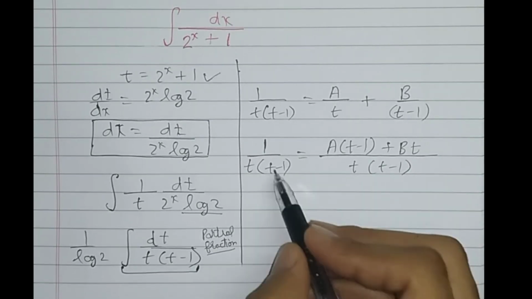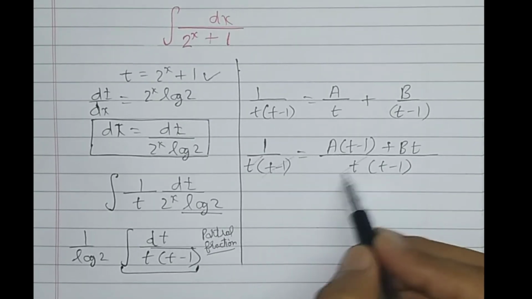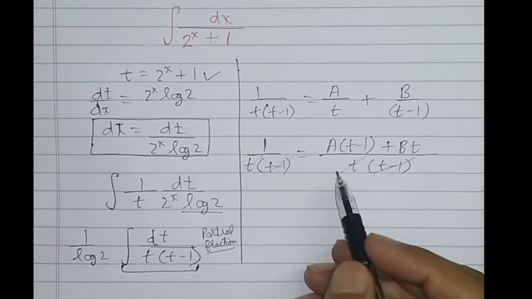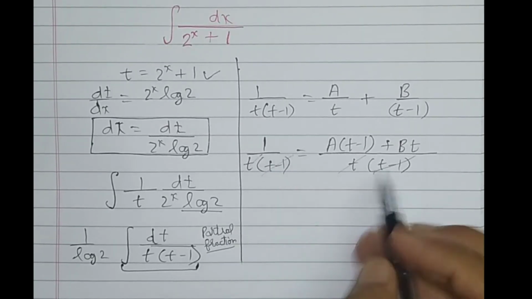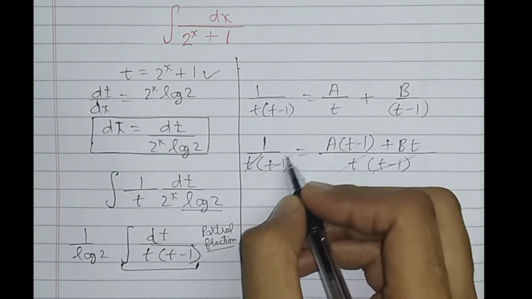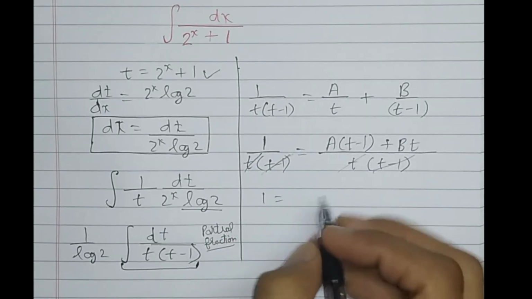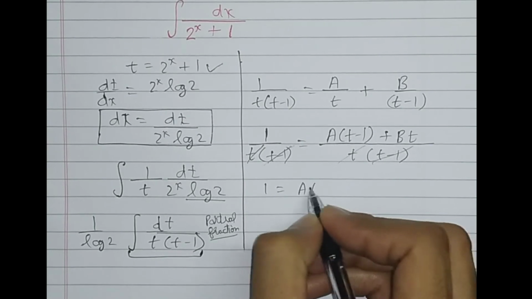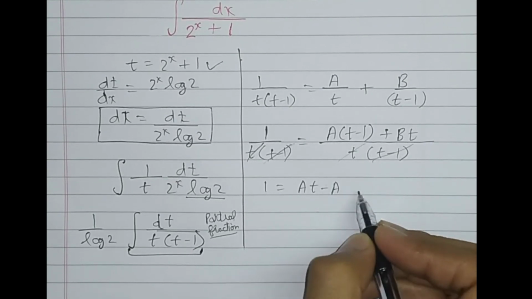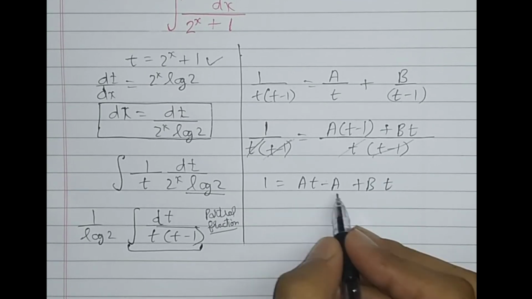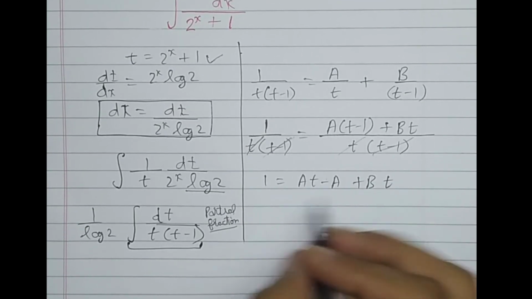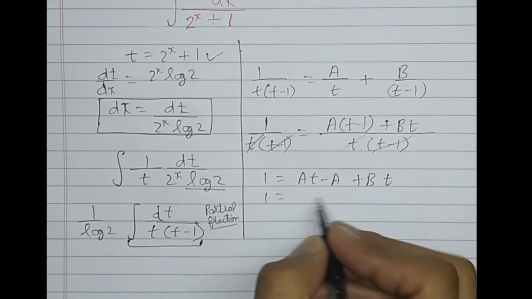Now I can cancel the denominators, because I am interested in finding the values of a and b in the numerator. So 1 equals at minus a plus bt.